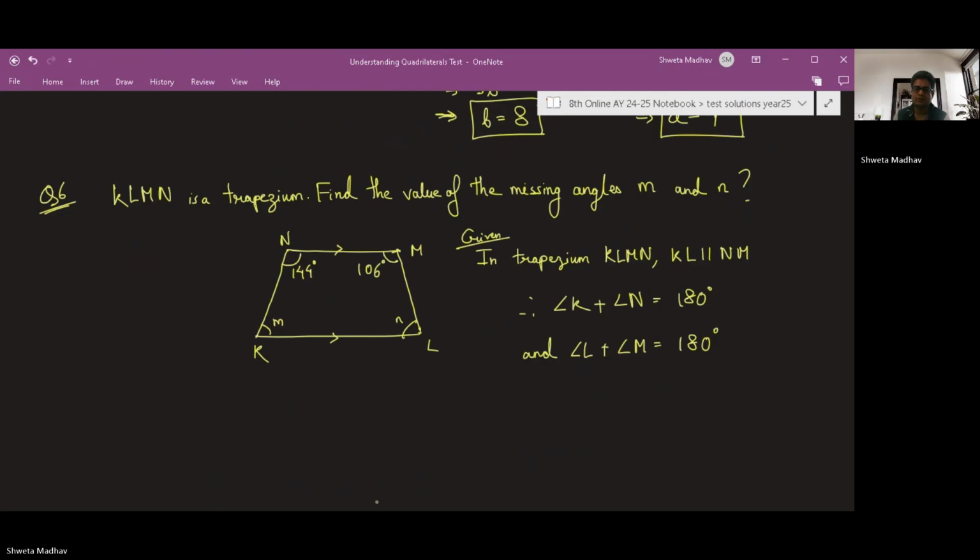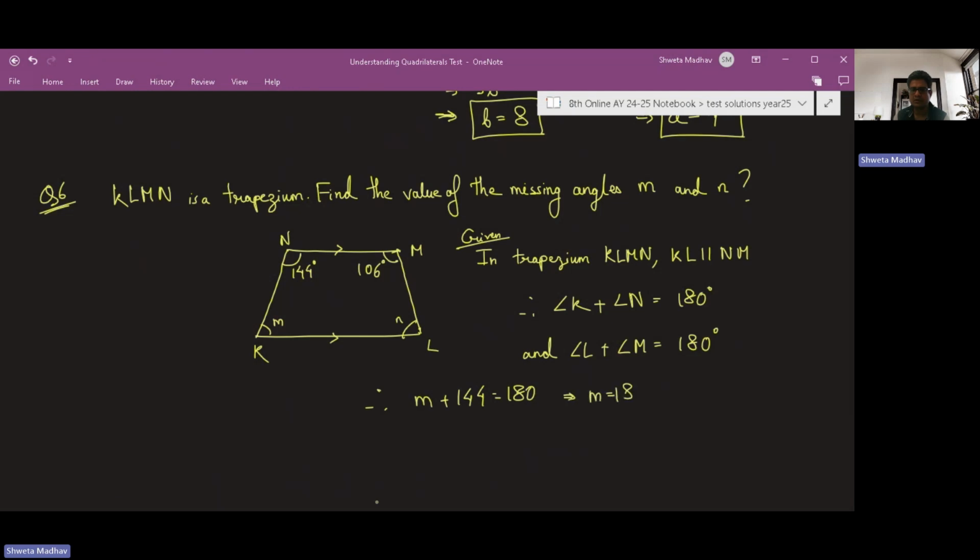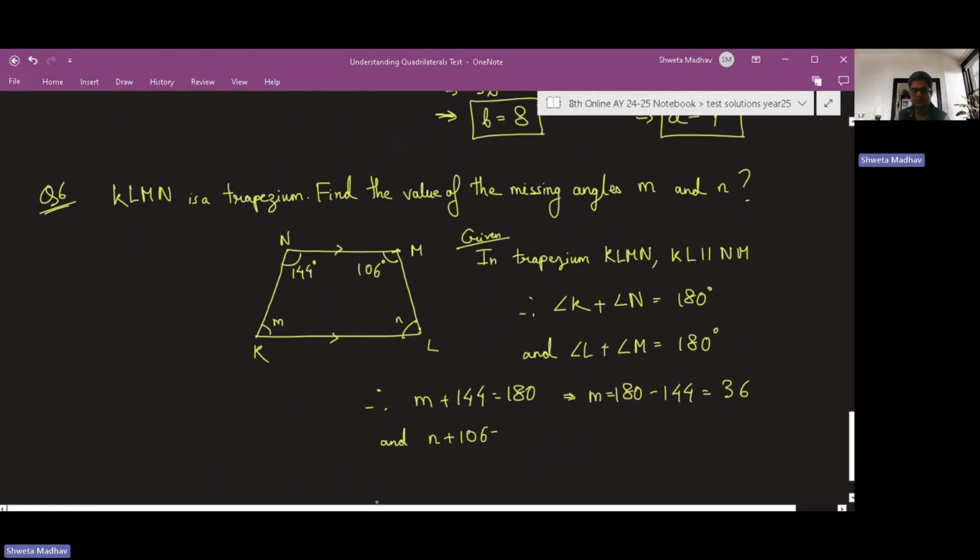So therefore, M plus 144 will be equal to 180. So therefore, M will be equal to 180 minus 144, which will be equal to 36, and N plus 106 is equal to 180.